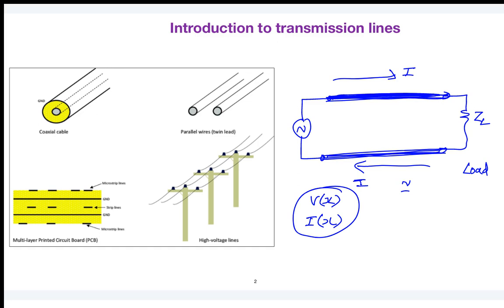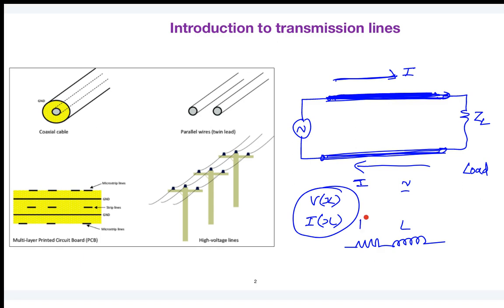So the conductor is going to have a resistance, and what else do you have? When any current flows through a conductor, a magnetic field is generated. Whenever there is a magnetic field, obviously there is an inductance associated with it. So in addition to the resistance of the wire, you have an inductance of the wire also, because of the time-varying current passing through the conductor.